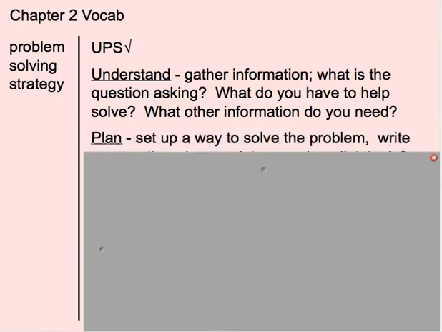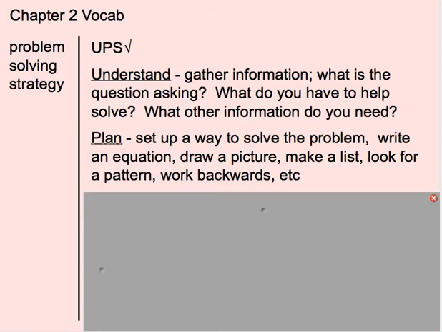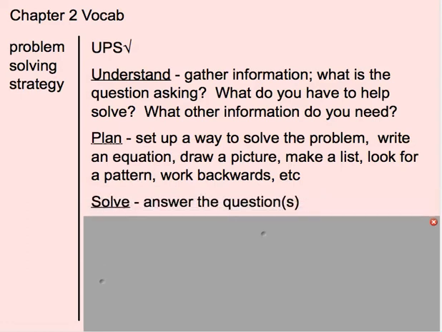P is for plan. So you're going to set up a way to solve the problem, and there are many different ways to do that. Typically, once we're beyond Algebra 1, we're going to write an equation or use a formula, something a little bit more formal, but there are other options such as drawing a picture, making a list, etc. S is for solve, so you're going to answer the question.